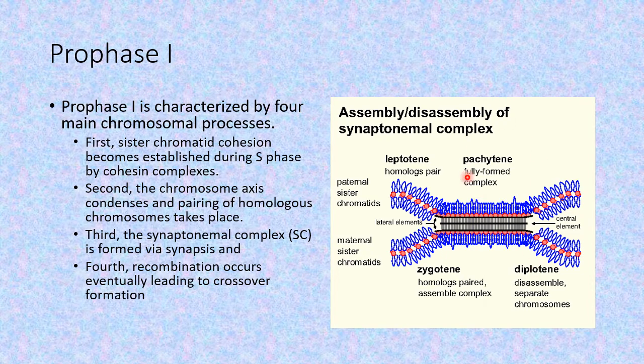Then in pachytene, the formation of this synaptonemal complex is complete, and at the advent of the diplotene phase of prophase 1 of meiosis, disassembly of this synaptonemal complex initiates.